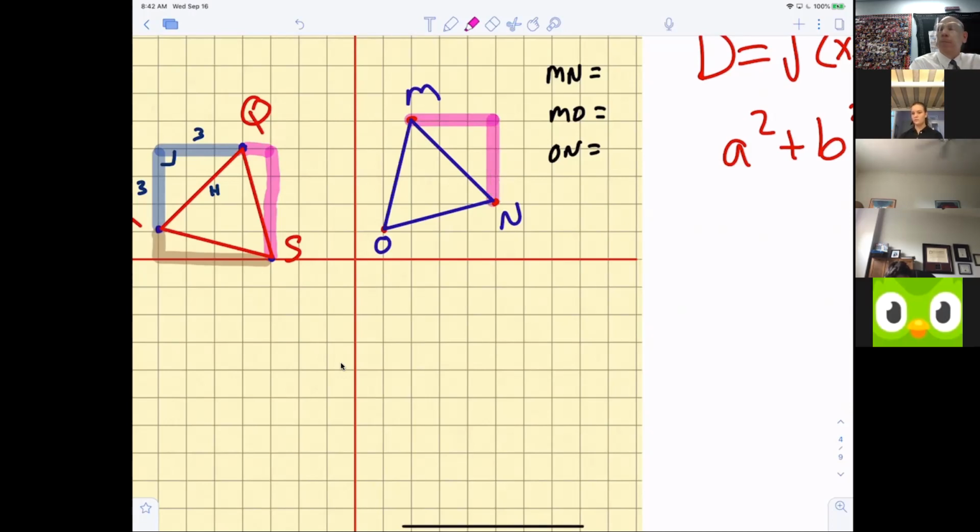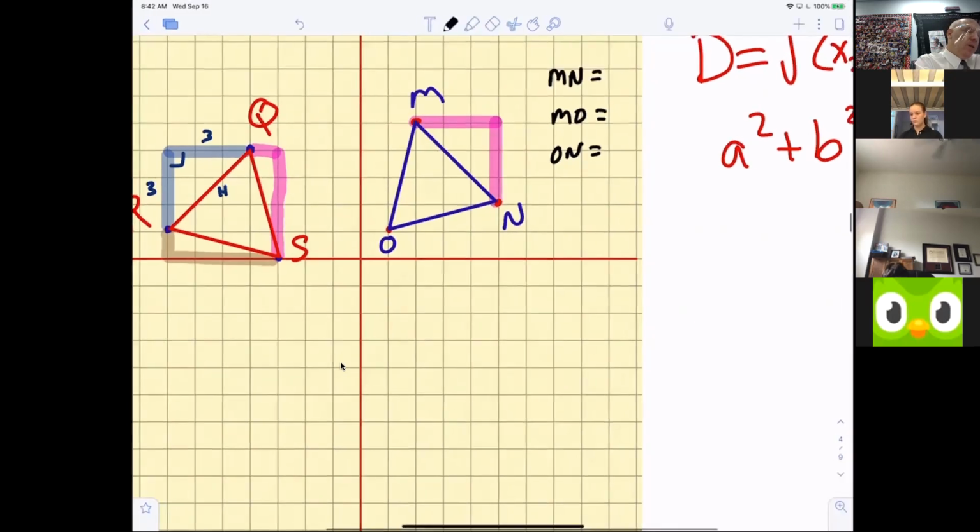So what do I have? Everybody see this? And that's a 3, right? Wasn't that the same as one of the other ones? So don't we know that's 3 radical 2? That's why I like doing it this way, because I can visualize it.